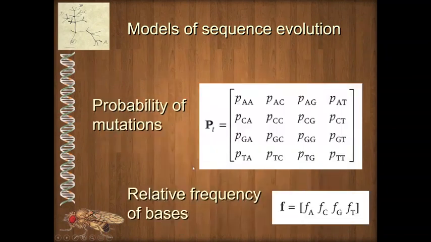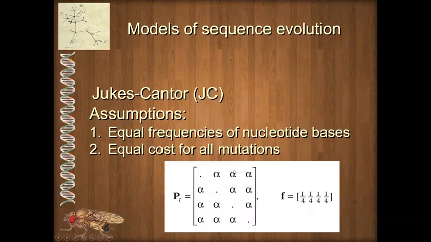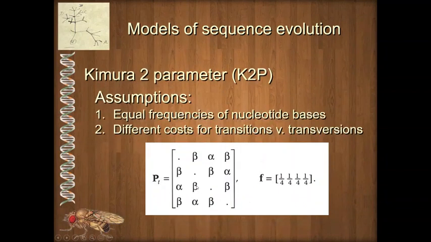So here, if we go back to our original matrix, C to A, G to A, T to A. A G to A, which is a transition, we assign 1 probability, represented here by the Greek letter beta. A transversion, we assign a different one. So transitions and transversions get different probabilities of occurring.